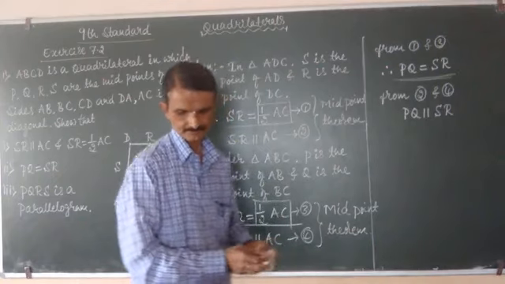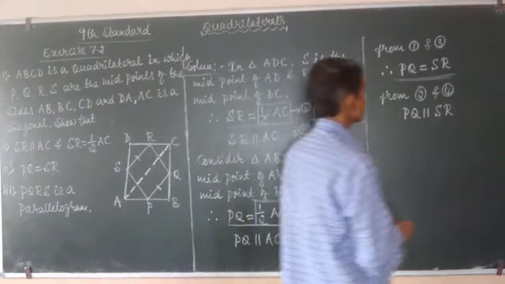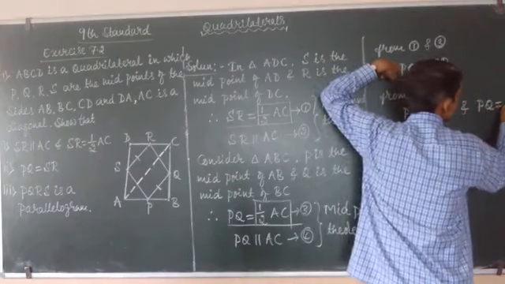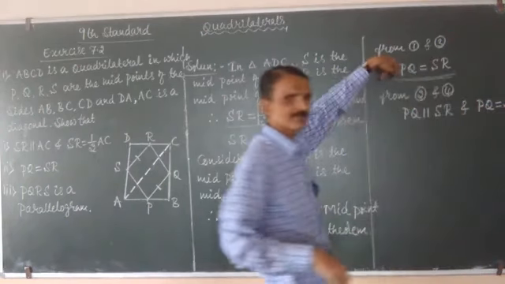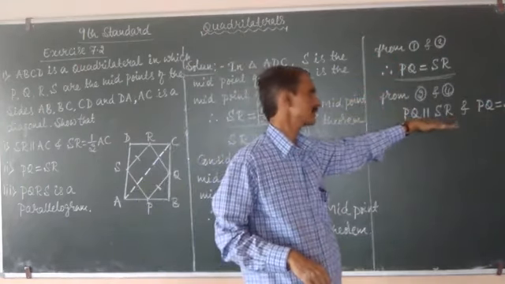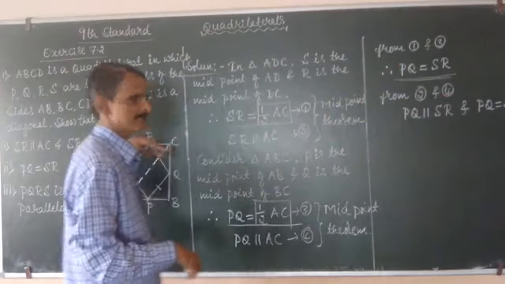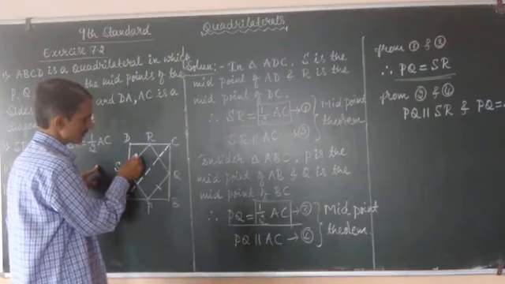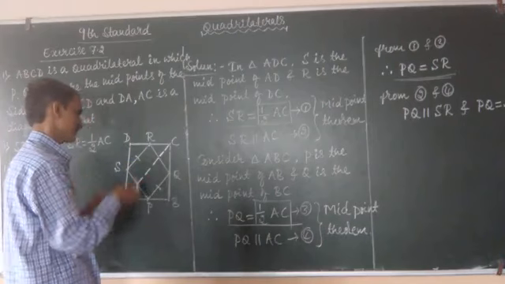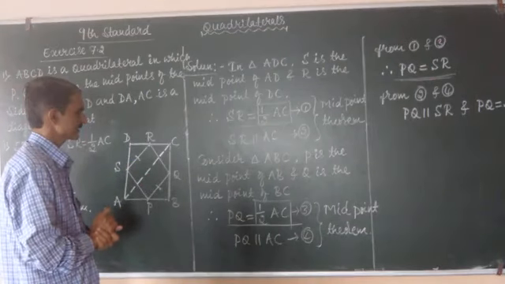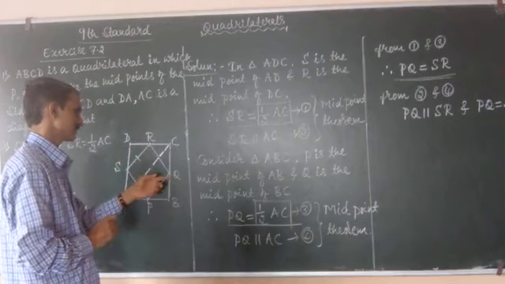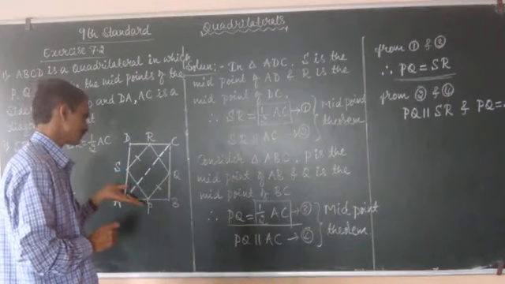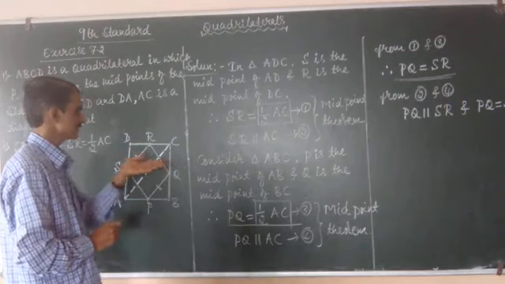Therefore PQ is parallel to SR, and PQ is equal to SR, as already proved. These are the opposite sides. Similarly, QR is equal to PS and parallel to it.